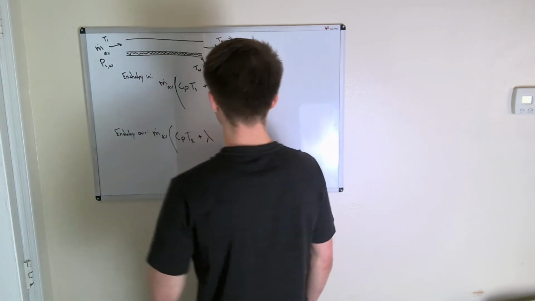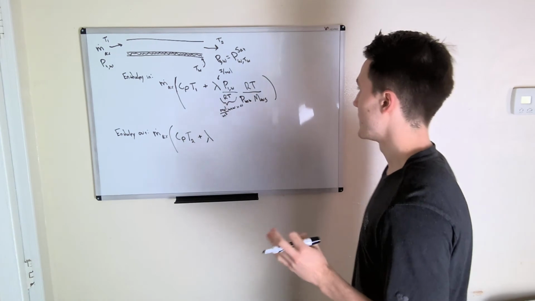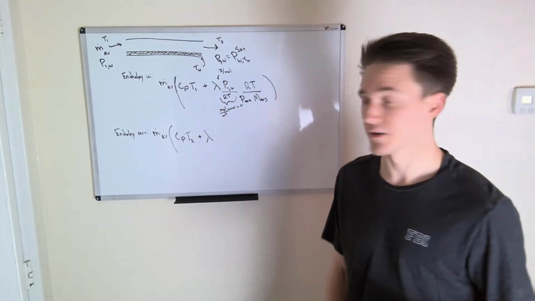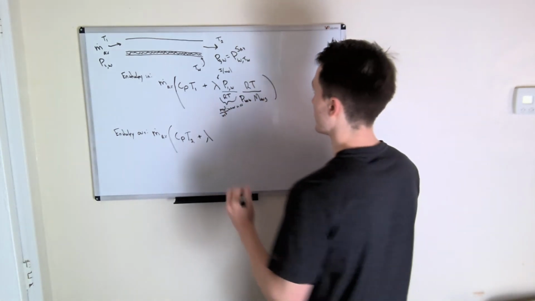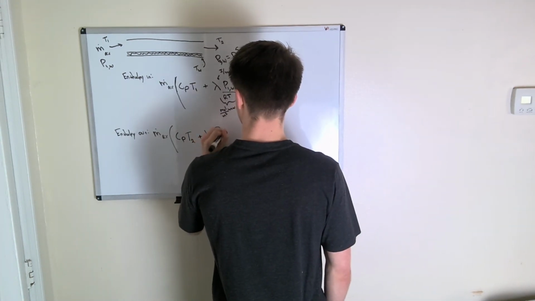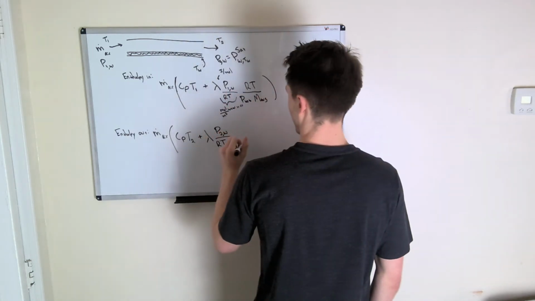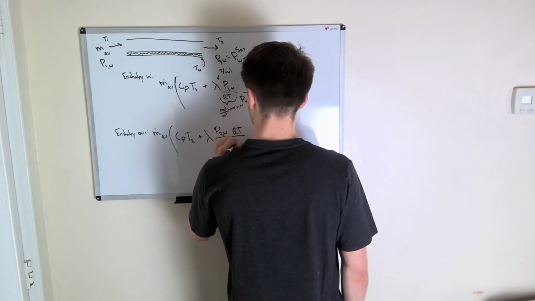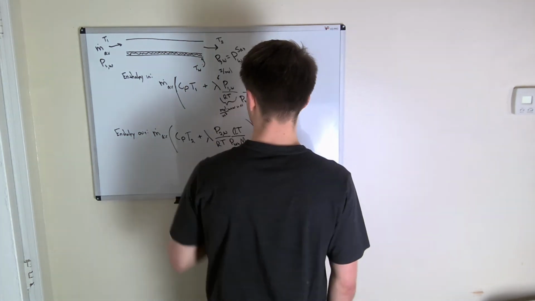And with the same heat of vaporization, but instead of our inlet partial pressure, we have our saturated partial pressure of water vapor at TW. So we'll call that P2W over the same RT, and the second part is the same. Total partial pressure over our average molecular weight.